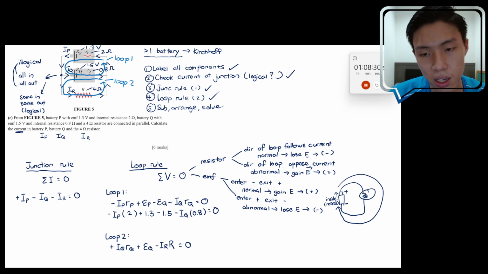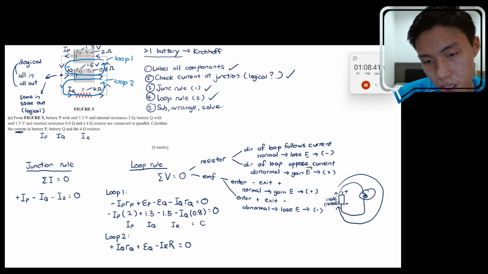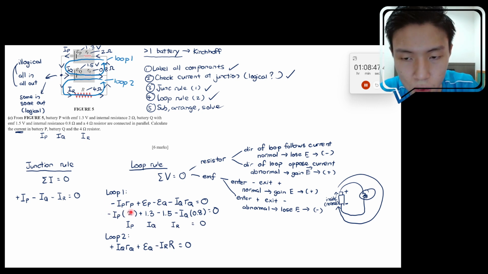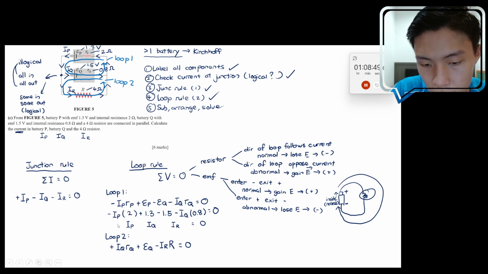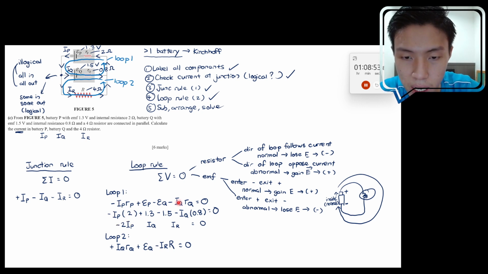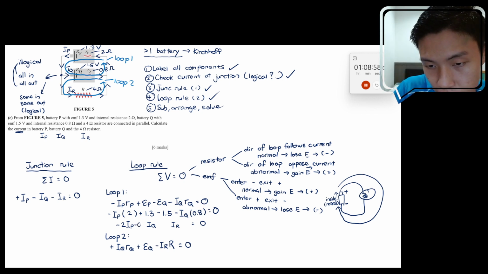Okay, so when I say arrange, what should arrange is IP, IQ, IR equals to 0. So how much do you have for IP? IP is over here, negative 2. What do you have for IQ? Negative 0.8.